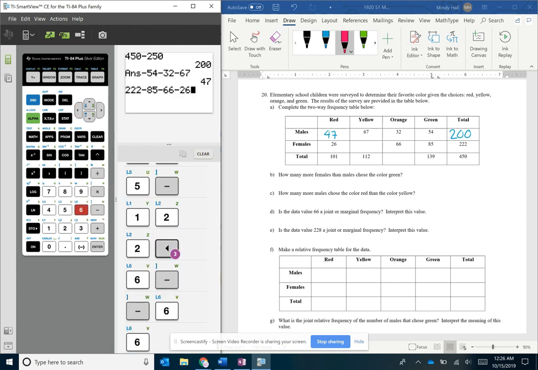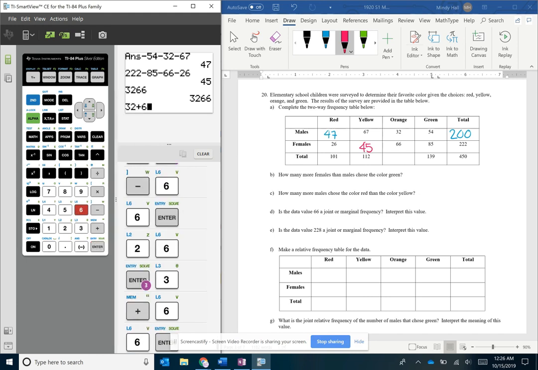Okay, so we're looking at that second row. And when I do that, I find that 45 females like the color yellow. So then to finish this off, we just have to do 32 plus 66, which gives us, oops, it didn't hit the plus sign. 98.